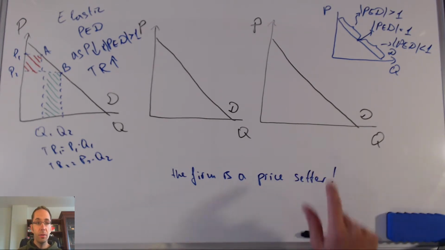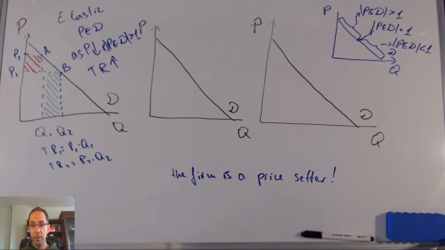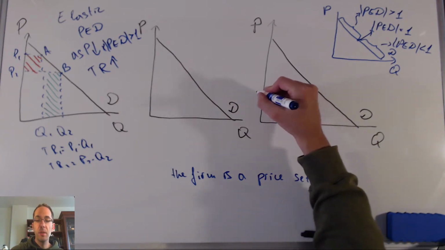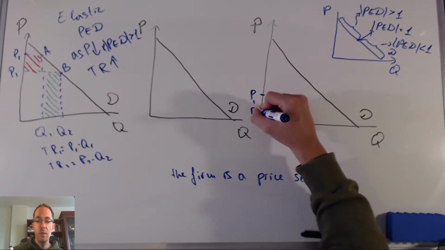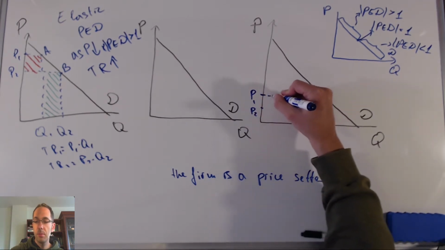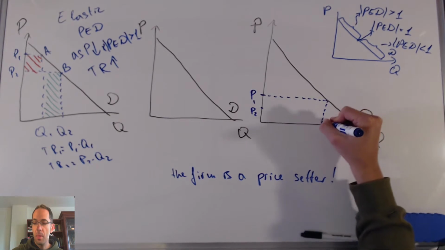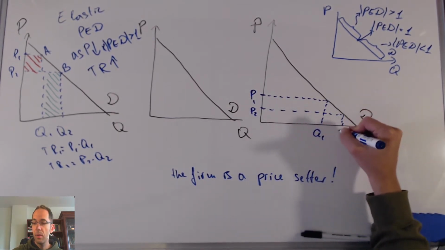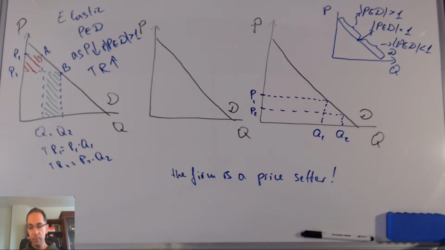Now let's move to this case. Over here, I'm going to set the prices in the inelastic part of the demand curve. So this will be my P1, this will be my P2, with the corresponding Q1 and Q2 quantities. So once again, I'm lowering the price, and we're going to create two areas again.